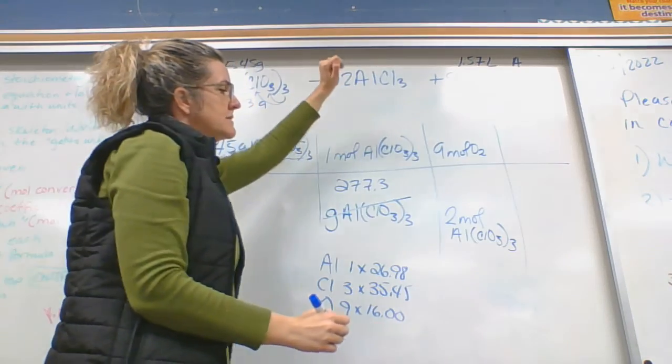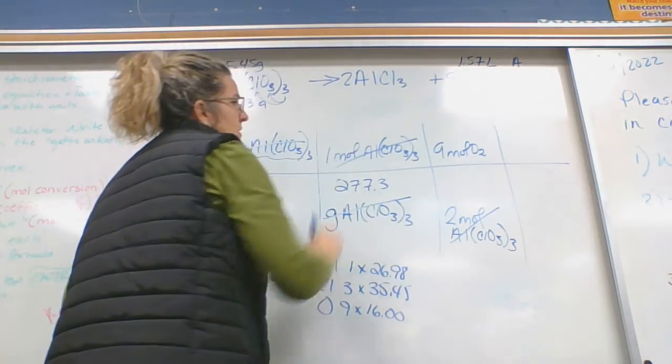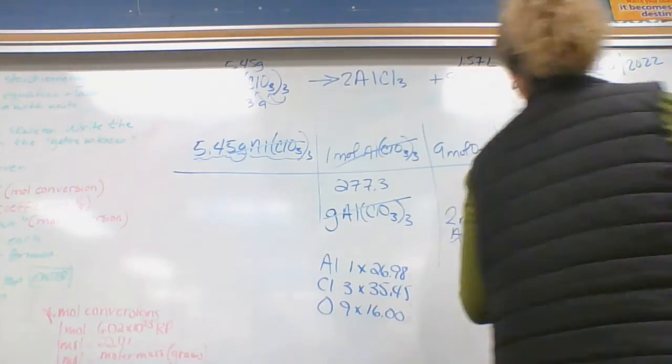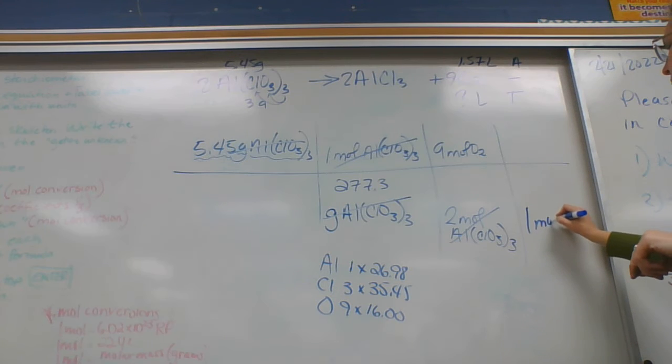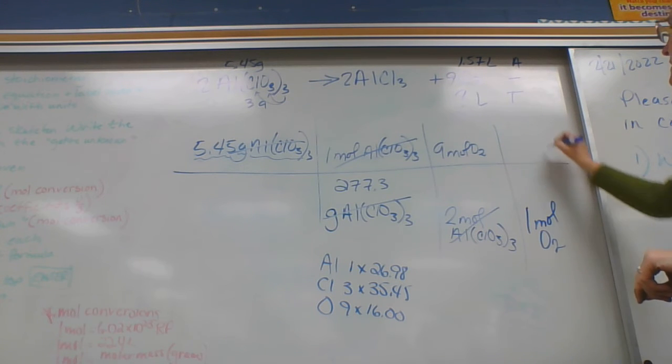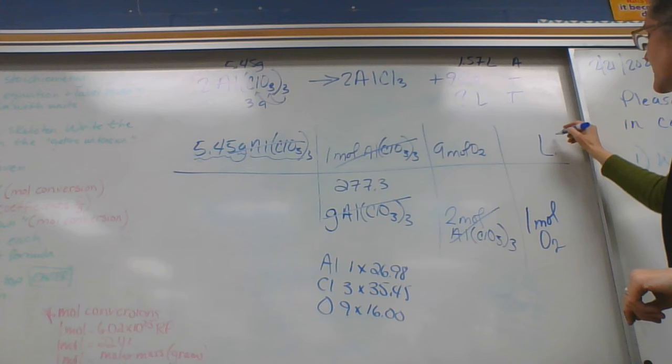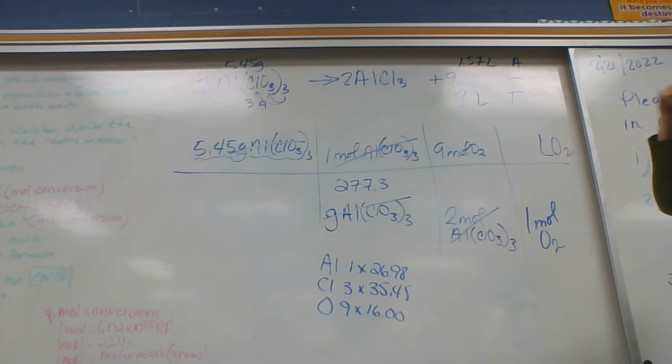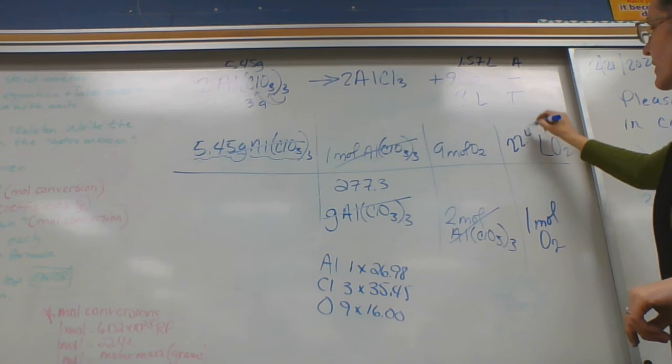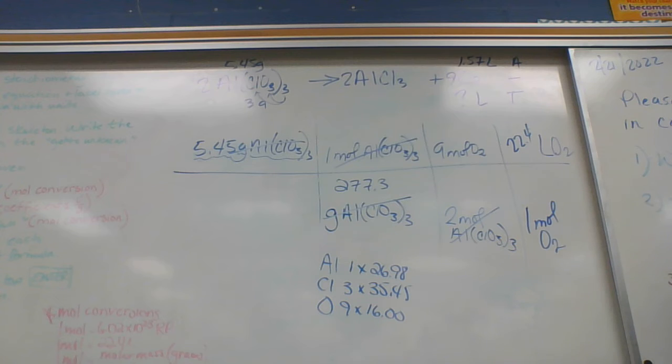All right. So moles of aluminum chlorate cancel. The words on the top are the words on the bottom. So for every 1 mole of oxygen, there is going to be how many liters of oxygen? 22.4, because that's our conversion.